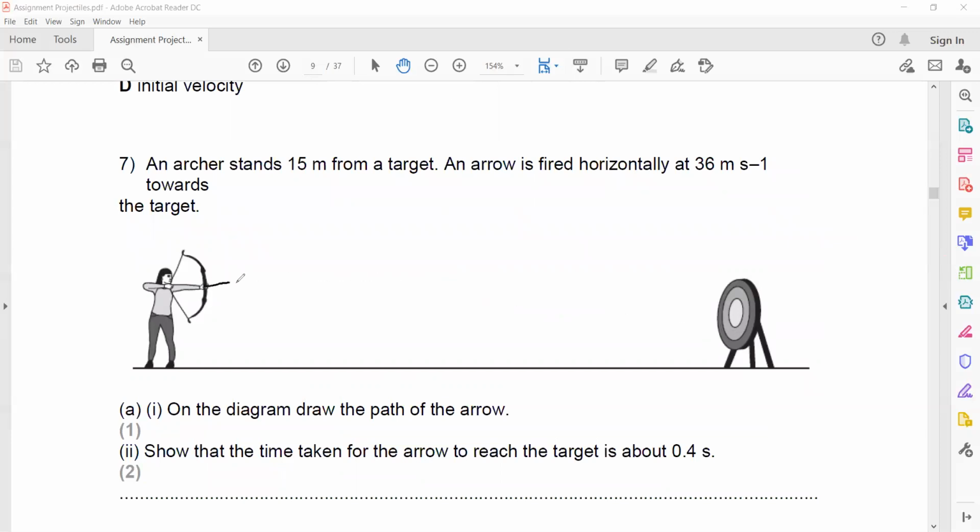it is not exactly horizontal. It will start to deviate. So this was the trajectory. If the archer is closer or the target is closer, what will happen?